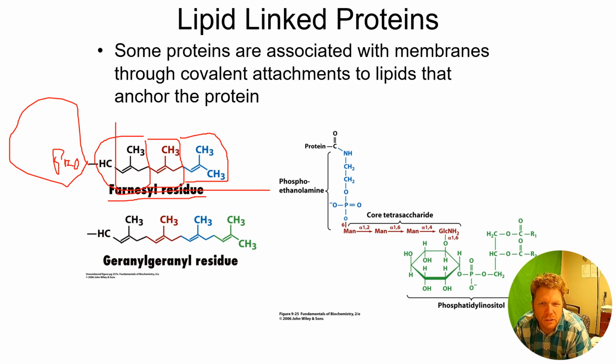Now what I want you to think about this 15 carbon long molecule is, 15 carbons. Sheesh. Carbons and hydrogens. Have we seen chains of carbons and hydrogens before? We absolutely have. Our fatty acids.